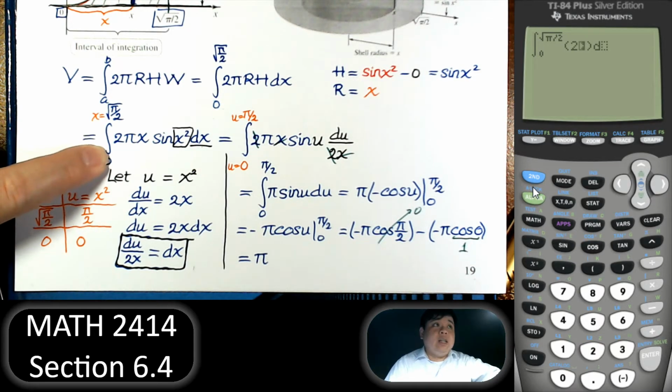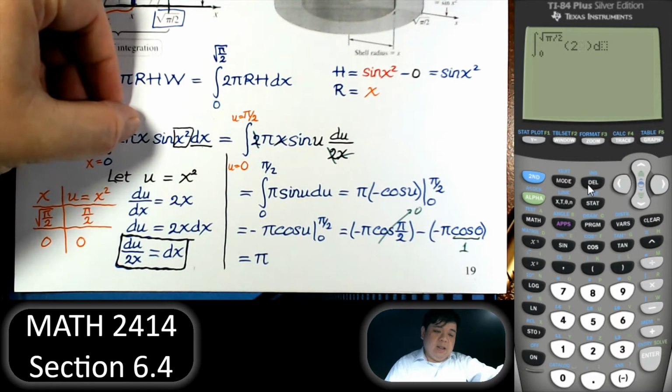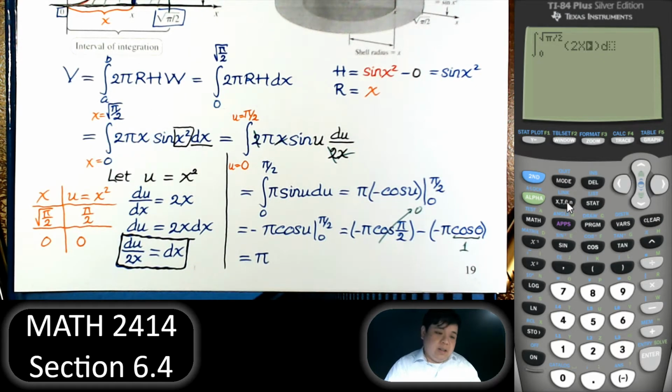Just going to put this in: pi. Actually, we should leave the pi outside. Right? And then x sine of x squared. Notice that I leave the pi outside, and the answer of this is 1.